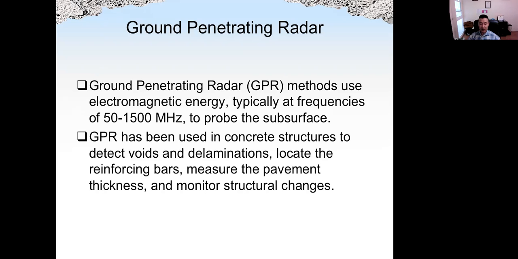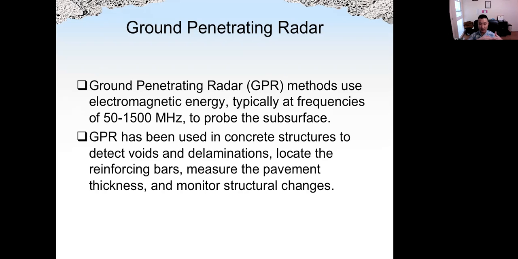GPR makes it very easy to locate the reinforcement, and it can also measure the pavement thickness and monitor structure change. GPR is affected by properties such as electrical conductivity and dielectric constant.